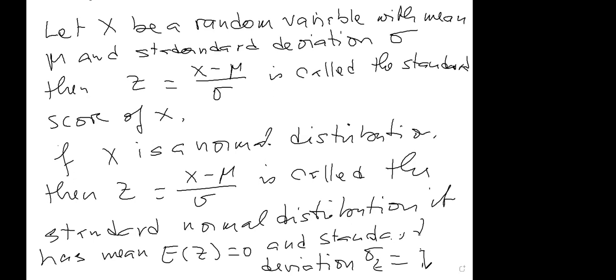You don't need to write this, I'm just explaining so that you understand why we say that the mean is 0 and the standard deviation is 1. The mean of a linear transformation is the number in front of x times the mean of x, minus mu over sigma. And the mean of x is the same as mu.